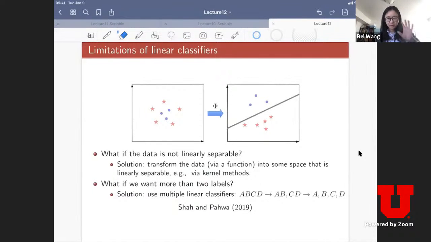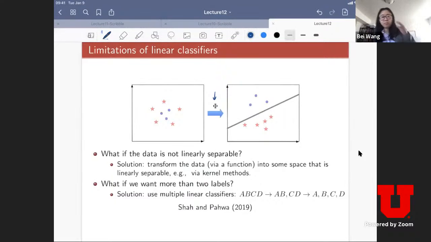Okay, this is actually the motivation for why people want to look at kernel methods: in the original data space here, the points are not linearly separable, okay? And what the kernel method does is transform this data through a function phi that maps the data points to a new place.